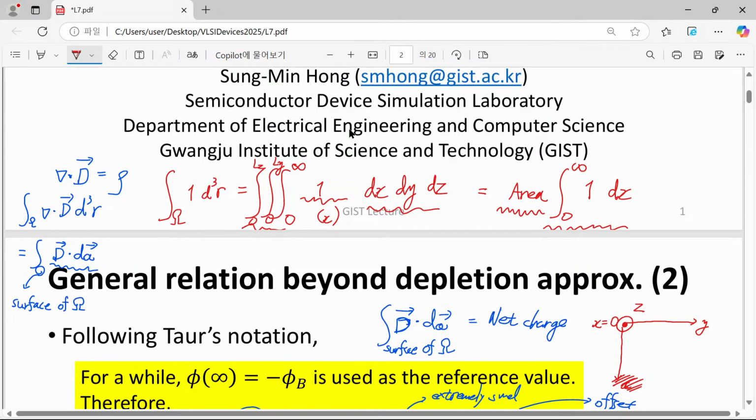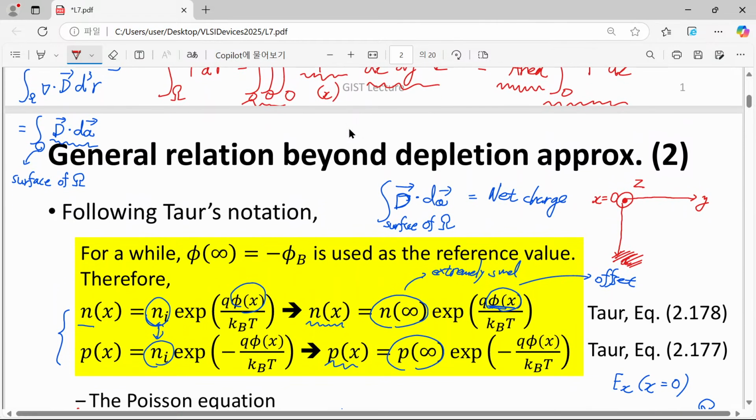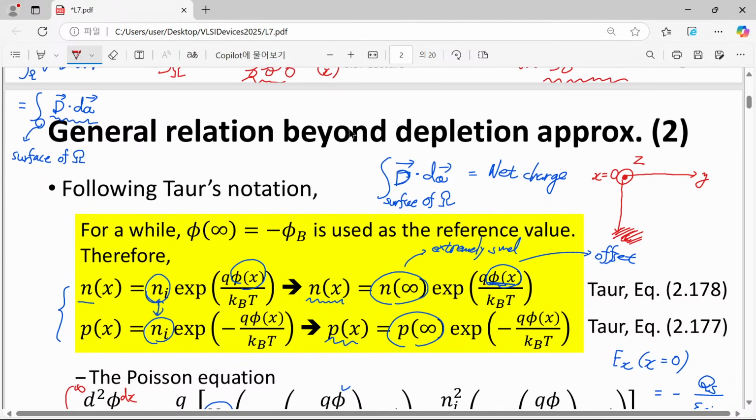If we consider the MOSFET, the physical quantity, such as electrostatic potential, is no longer homogeneous along the y direction. So we have to consider the position-dependent one. That's the reason why we are currently talking about the general expression. Okay, so now let's come back to this one.